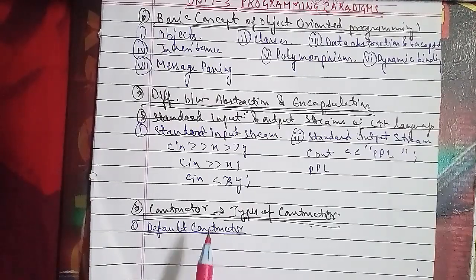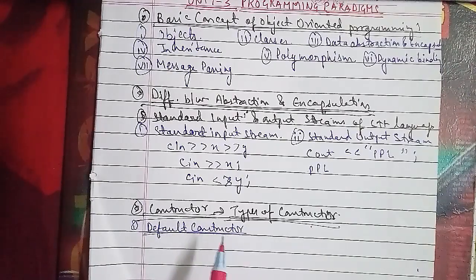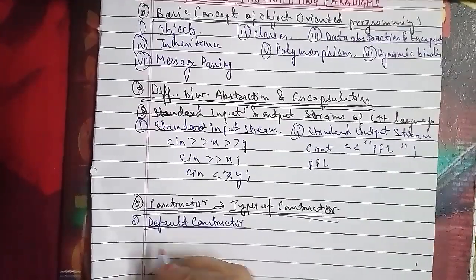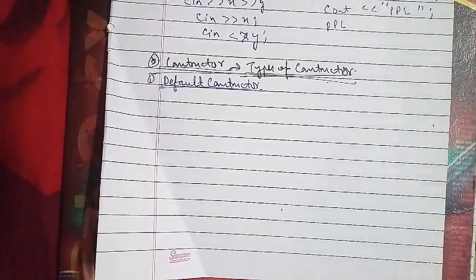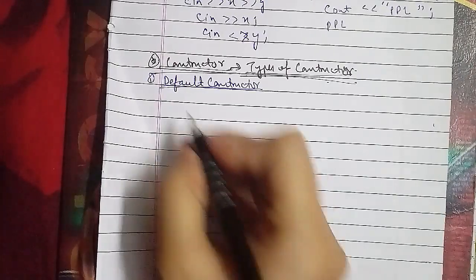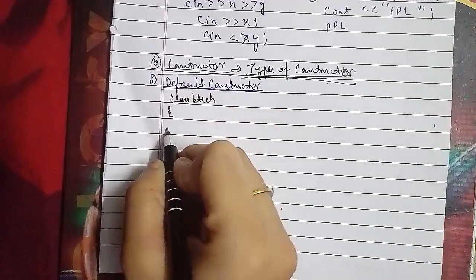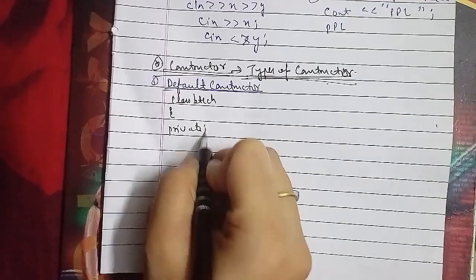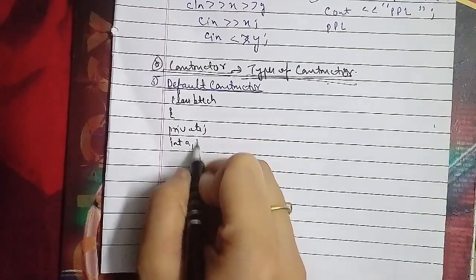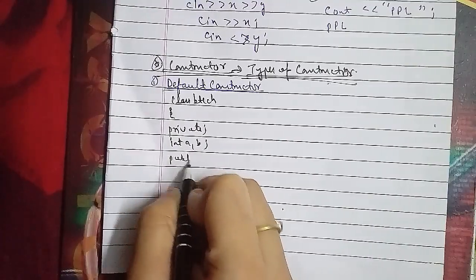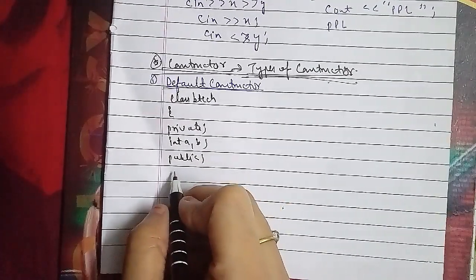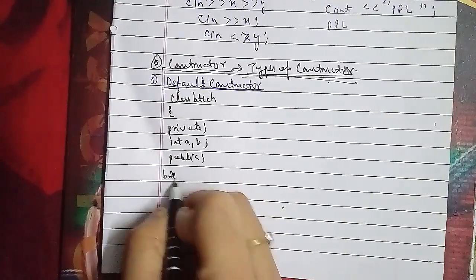Talking about the second one, which is the parameterized constructor. This constructor takes arguments. For example, class BTech, start curly bracket, int m comma n, public, that is BTech int x comma int y.